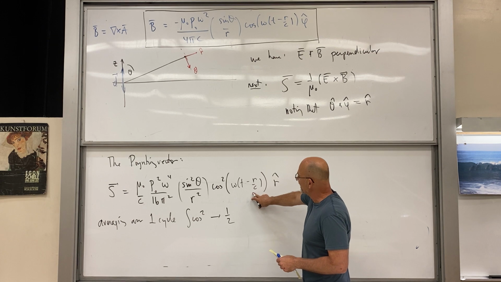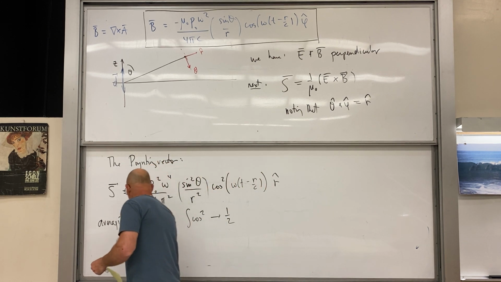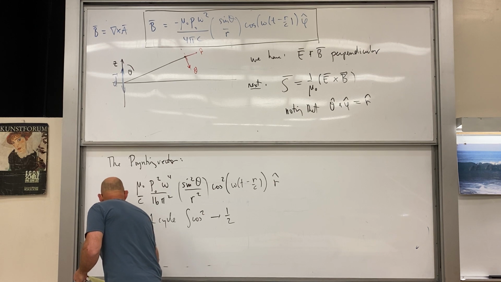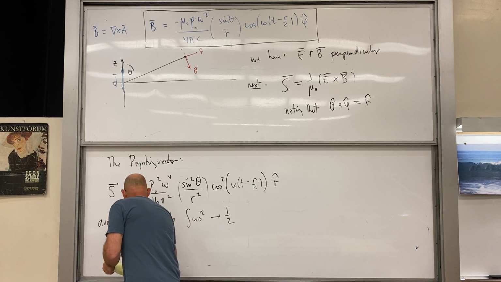So we can get rid of that dependence right there. So we have the average of the Poynting vector. It's still a vector, by the way.